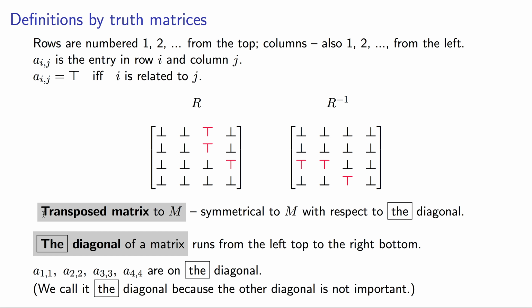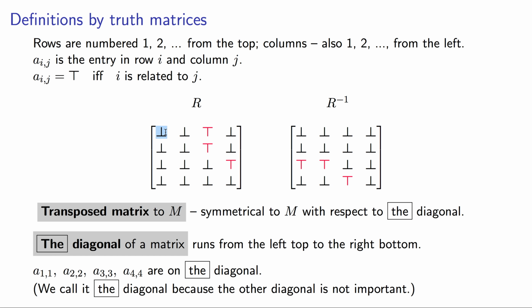And in general, a transposed matrix is a matrix symmetrical to M with respect to the diagonal. And the diagonal of the matrix runs from the left top to right bottom.